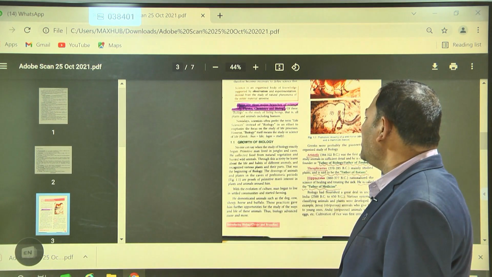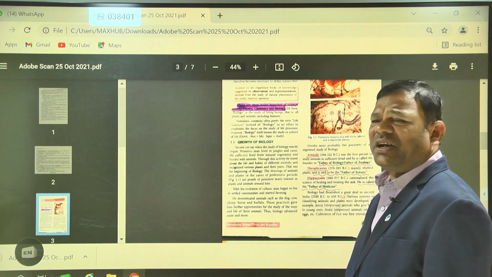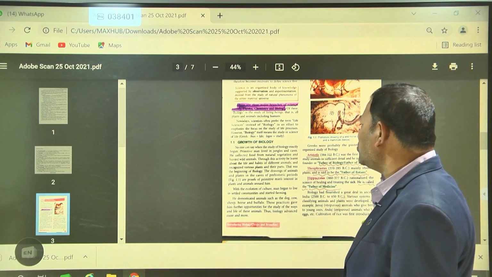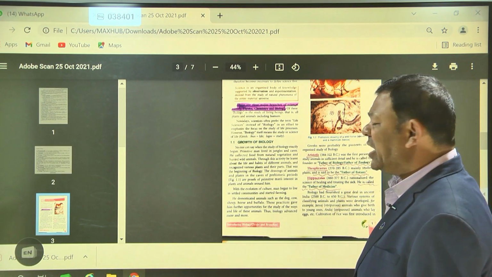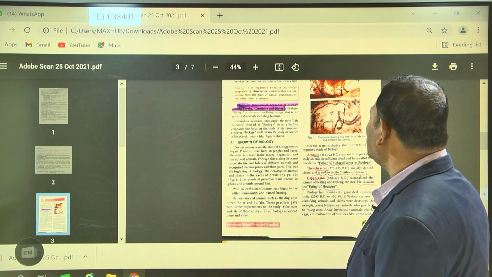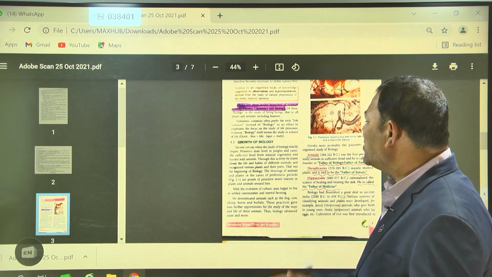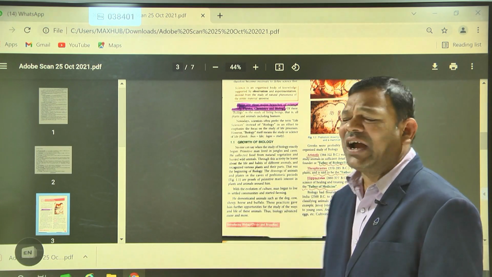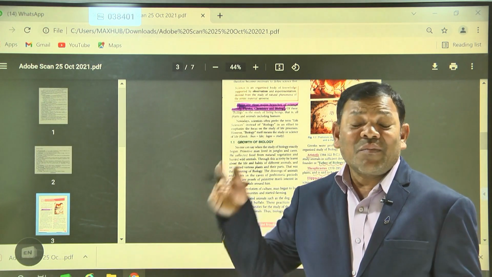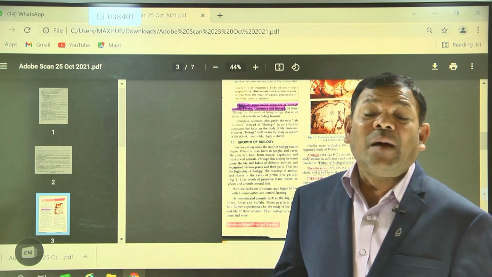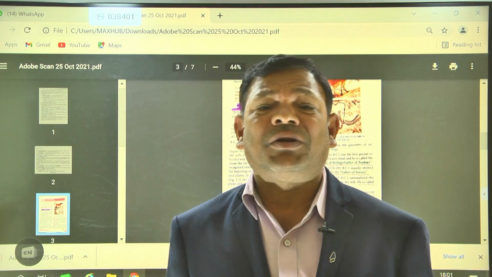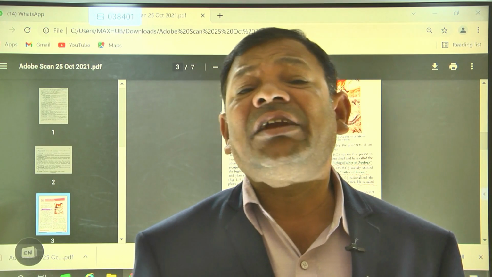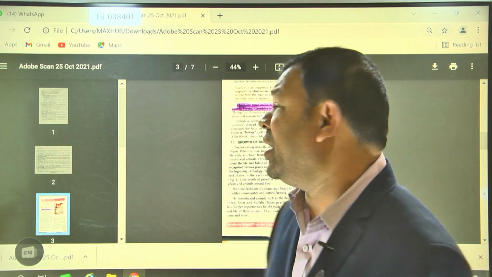We don't know exactly when biology started. Actually, primitive man lived in jungles and caves. He collected food from natural vegetation and hunted wild animals. From that time onwards, observation was very important. All knowledge was gained from observation only.